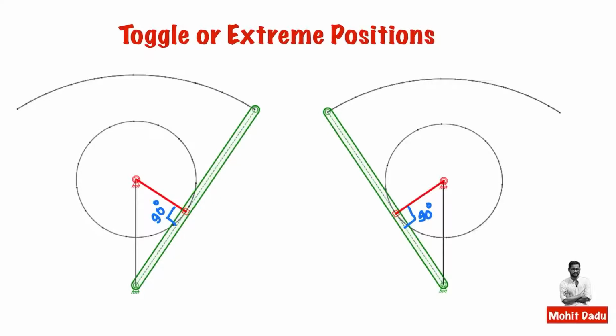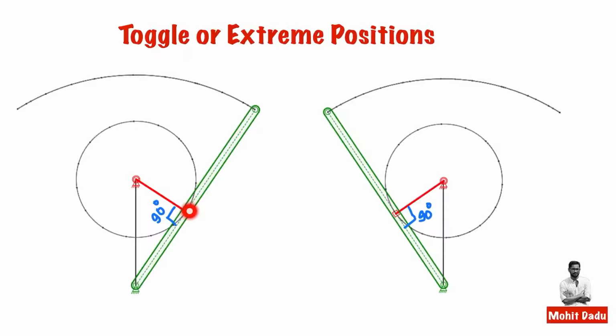One extreme, the right extreme, is obtained when it is tangent to the circle, and at that condition the angle between the crank and the slotted lever will be 90 degrees, and this is showing the other extreme, here also 90 degrees. From this point to this point the forward stroke is happening, and during that time the crank is rotating from this point to this location. That means that is shown here.